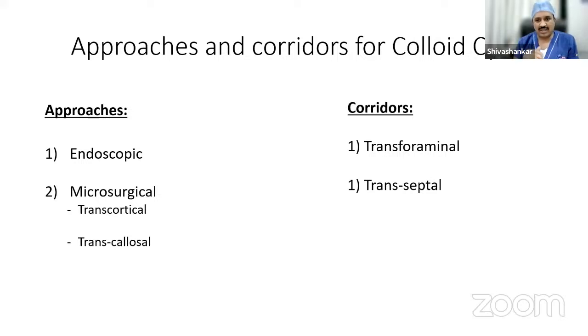We use two corridors: transforaminal, when the lesion is in the foramen and we can approach it and dissect it around once we evacuate the content of the colloid cyst, and transseptal, when the lesion is very big and pushing down the fornix and even the foramen of Monro. In that scenario, we have to go transseptally.